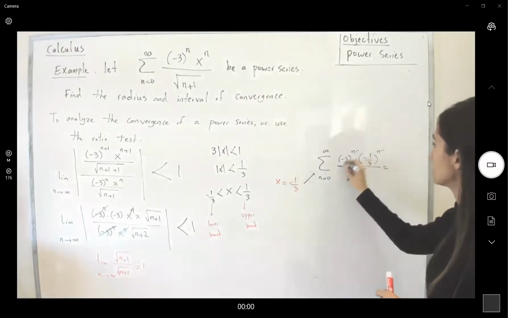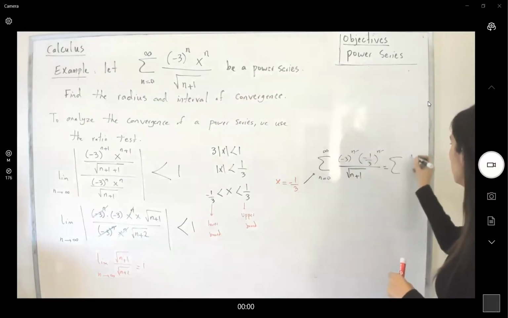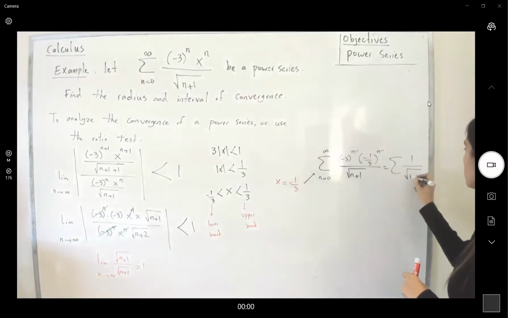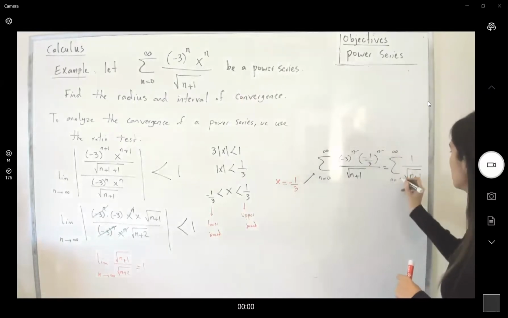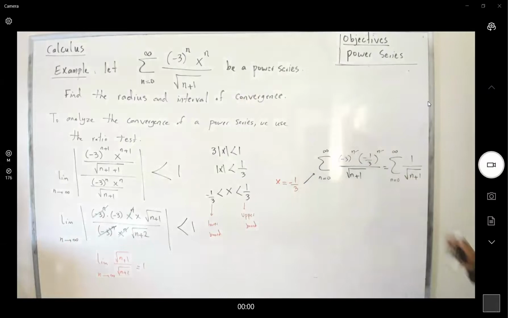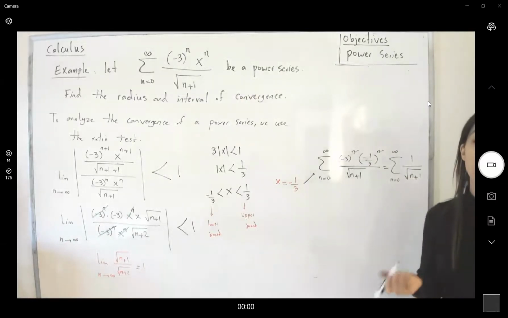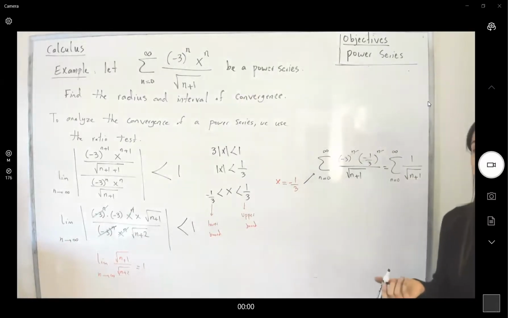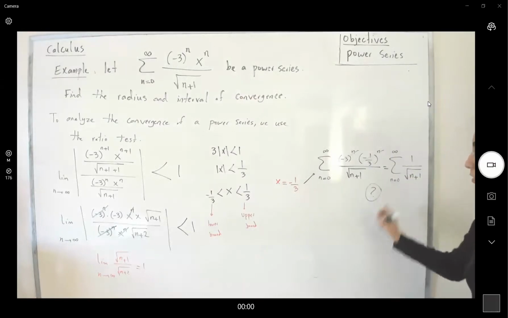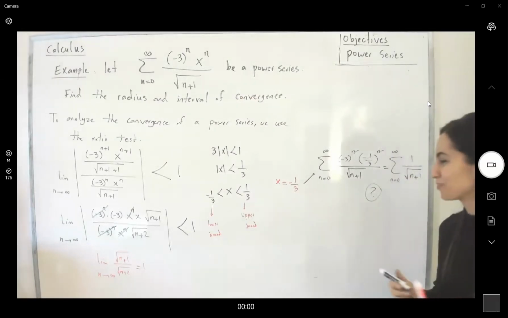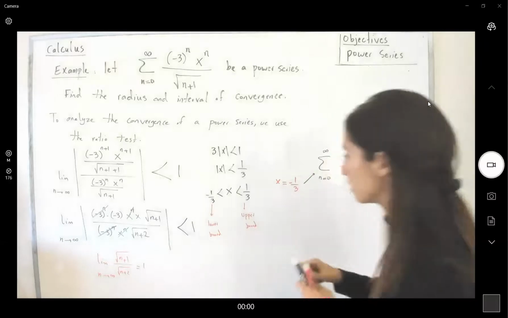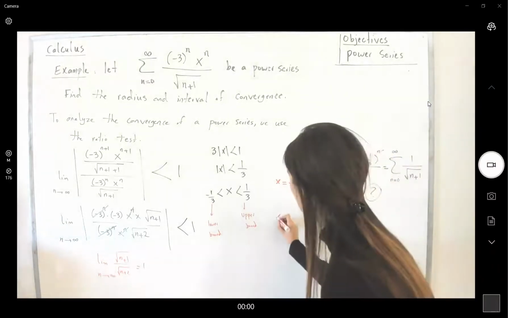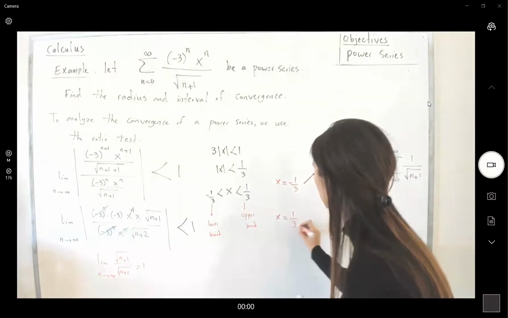So you can cancel out these two. You get the sum of 1 divided by square root of n plus 1, and starts from 0 to infinity. This is what you saw before. Is this convergent? Is this divergent? Can we accept negative a third? What if I plug in the upper bound? What if my x on the boundary is exactly a third?